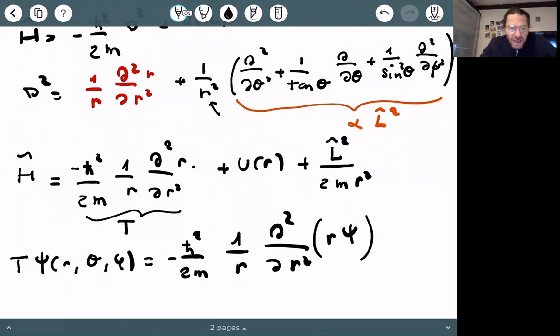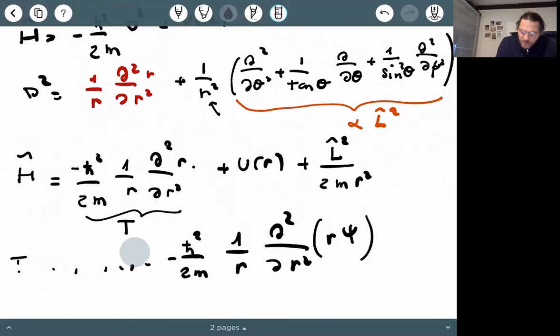I think you appreciate now that we get something very close to the overall structure we noted at the classical level.